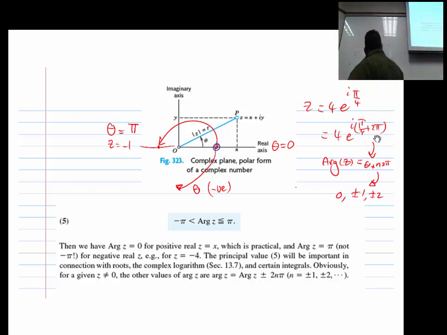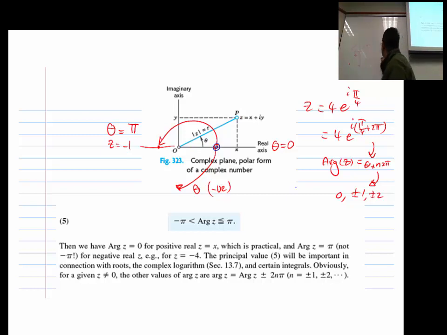What does this mean? For any complex number, if I ask you for the solution in the form x plus iy, and you said, well, z is 1 plus i, you are done.